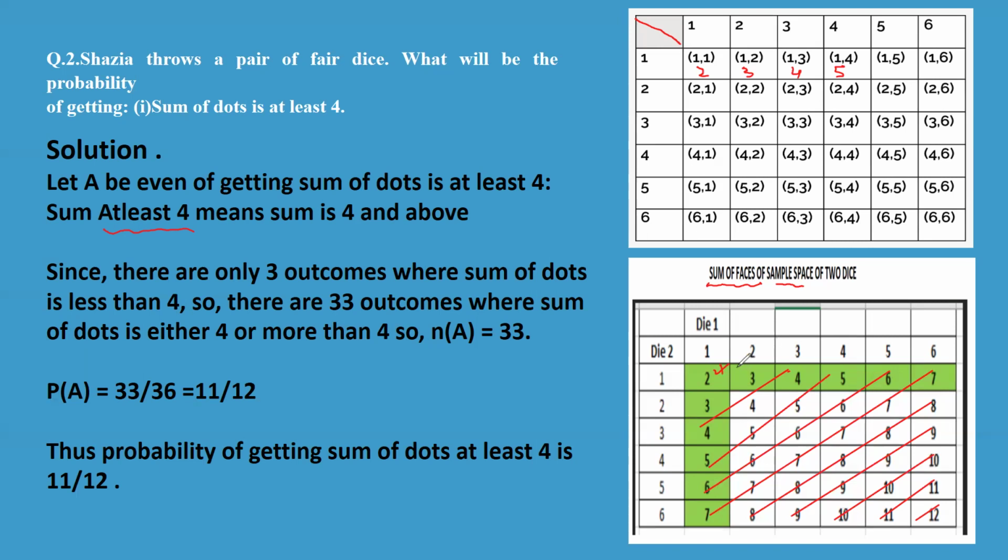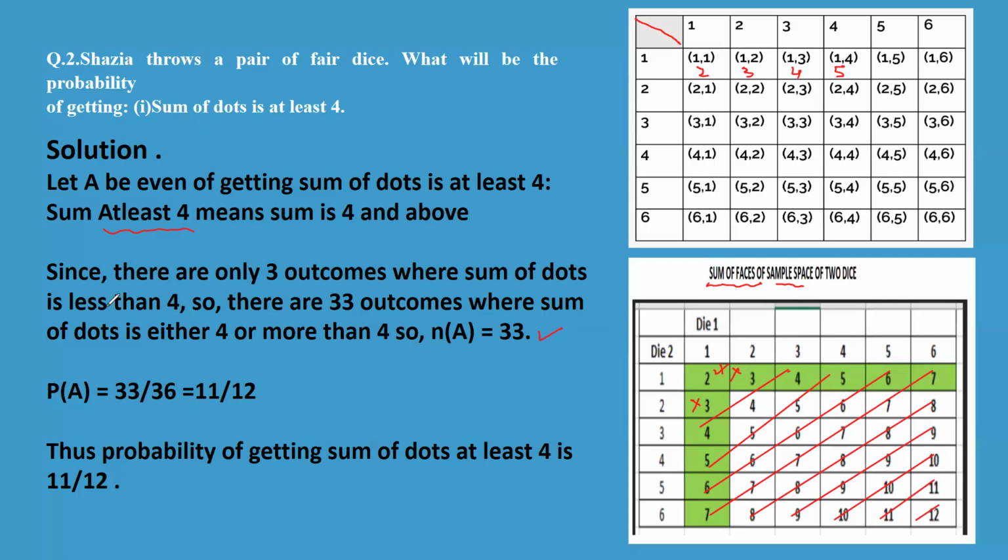So the sums 2 and 3 will not be included. Altogether, in favor of sum 4 and greater than 4, there are 33 points from the sample space, because altogether there are 36. Only 3 points make a sum less than 4, so those will not be included.